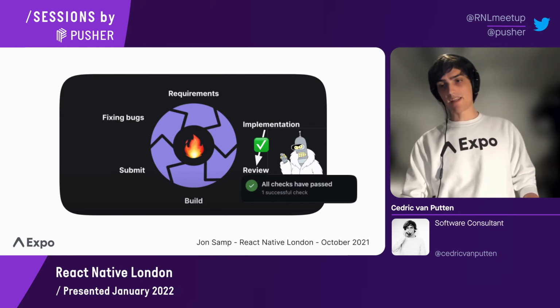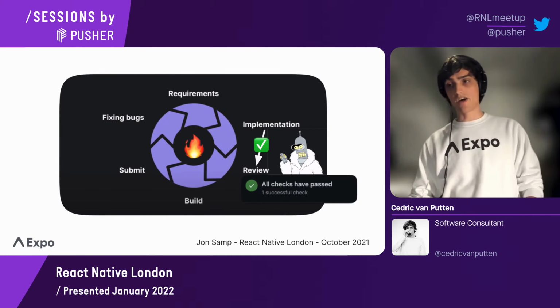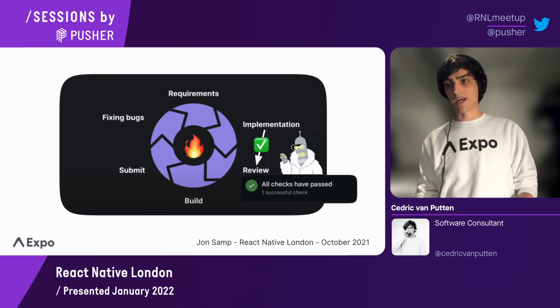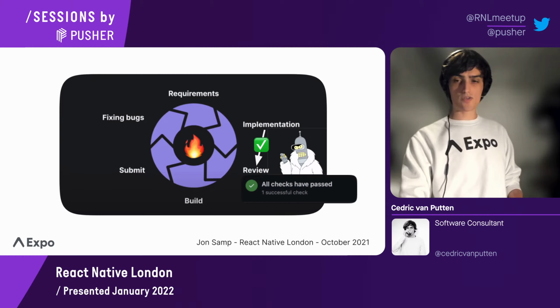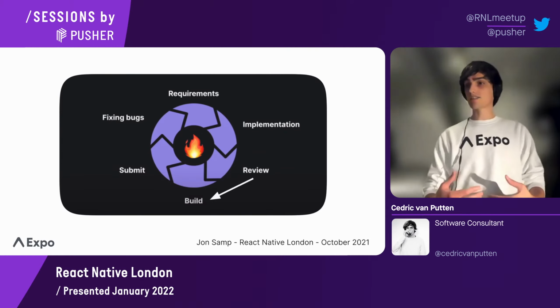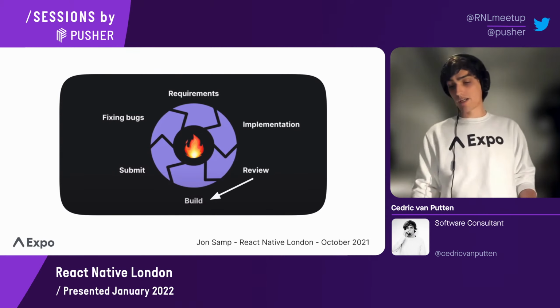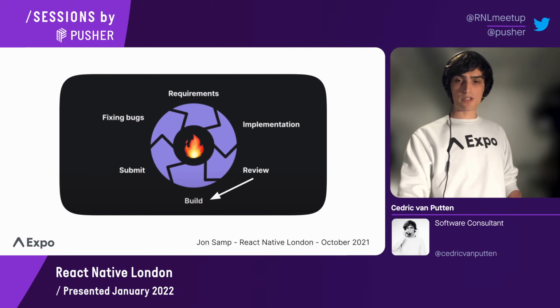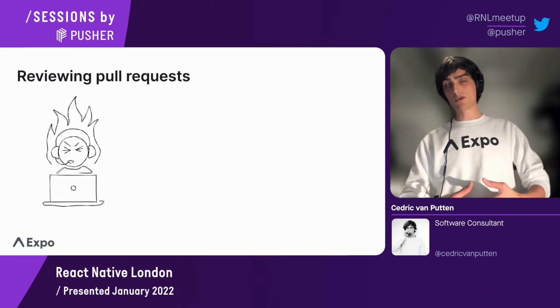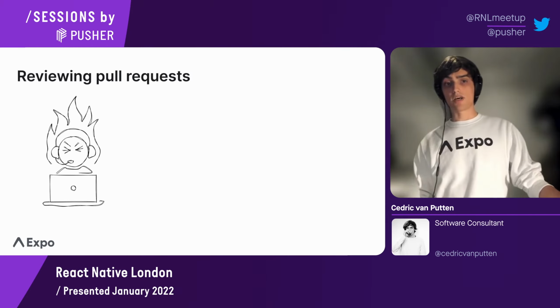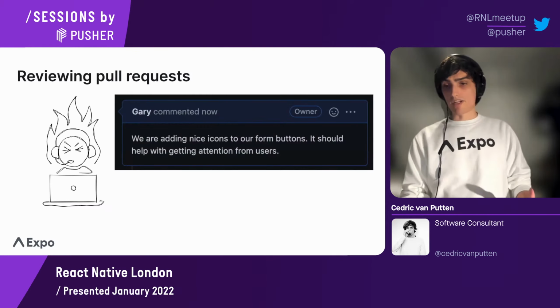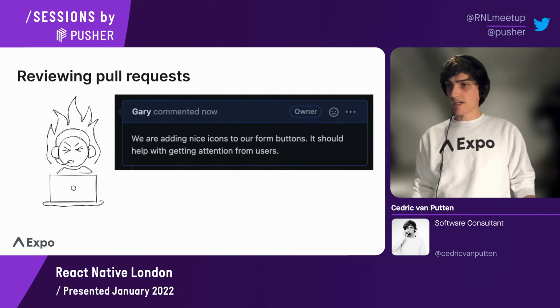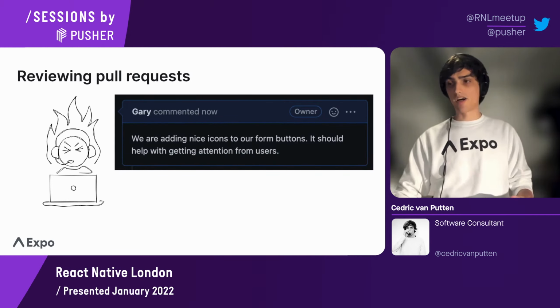But that's not everything, because this is just CI and does not involve Expo whatsoever. So in the next step, there is another thing we can add to improve the whole workflow. Going from review to build, Gary probably needs to do a lot of steps. Usually Gary just checks the comment, like, hey, what's going on in this PR?